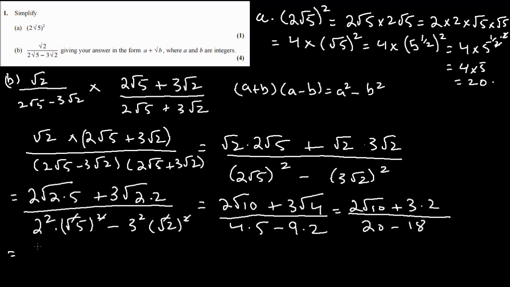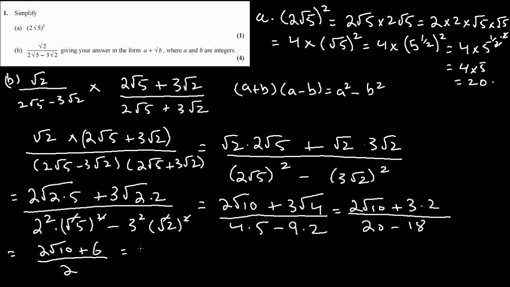So this brings us to 2 root 10 plus 6 divided by 2. Now because it's in the denominator and there are two terms in the numerator, you can split it like this.